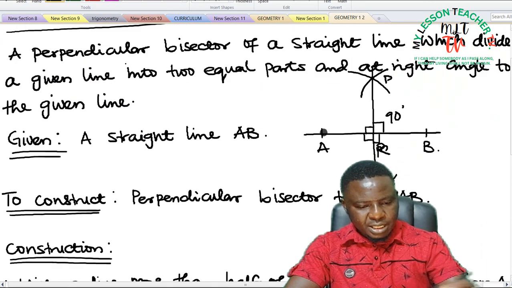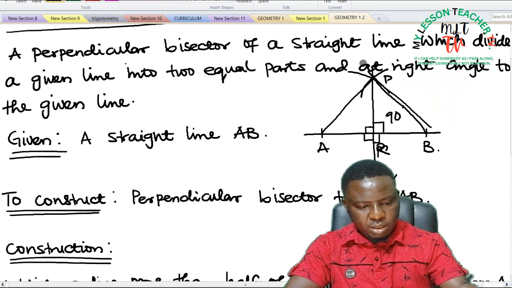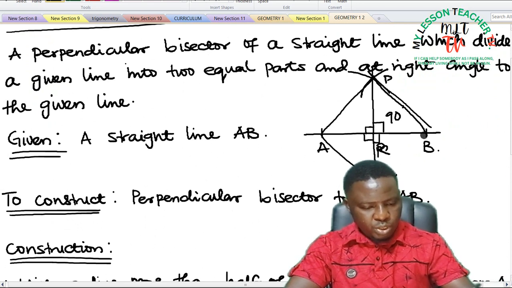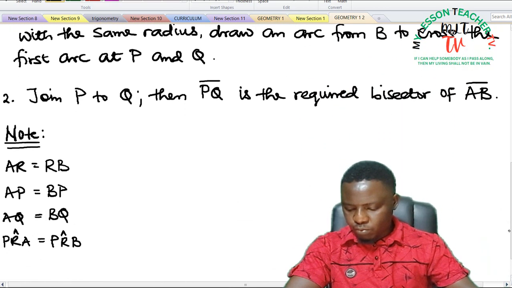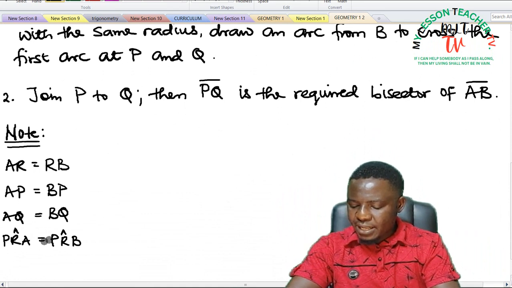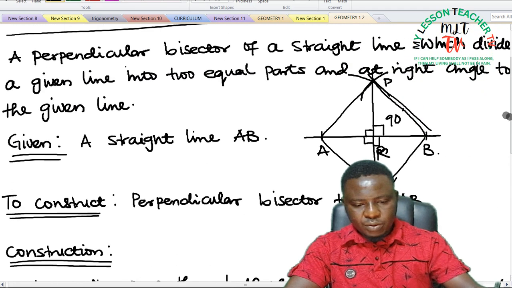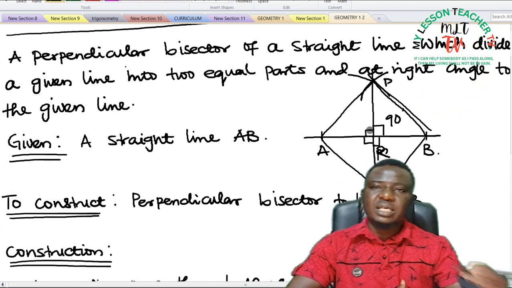That is, the distance from here to here is equal to the distance from here to here, and also AQ will be equal to BQ. And we said that angle PRA is equal to angle PRB. This is PRA, that is this angle, which I said is what?